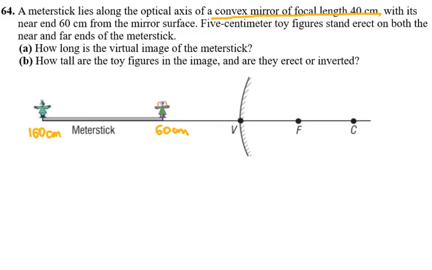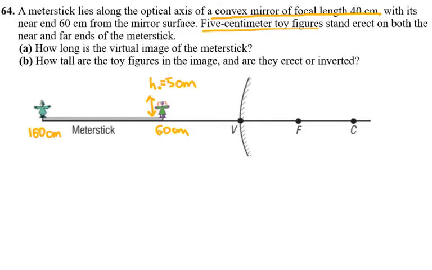The toy figures are 5 centimeters each, standing erect on both ends of the meter stick. How long is the virtual image of the meter stick, how tall are the toy figures in the image, and are they erect or inverted?